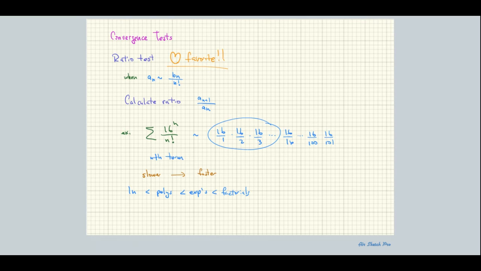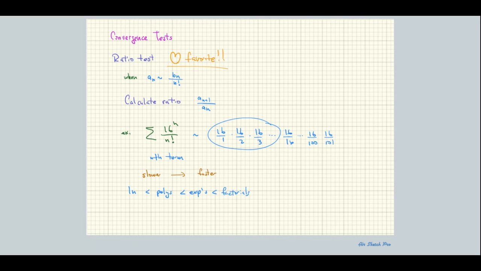The nth term, the 16th term, stops getting bigger, and then every term after that starts getting smaller. Because I'm dividing by a factorial, it's going to eventually go to 0. So in this case, the nth term is going to go to 0 because I have an exponential, like a geometric, over factorial, and exponentials grow slower than factorials.